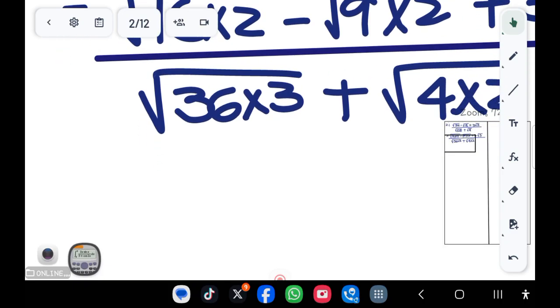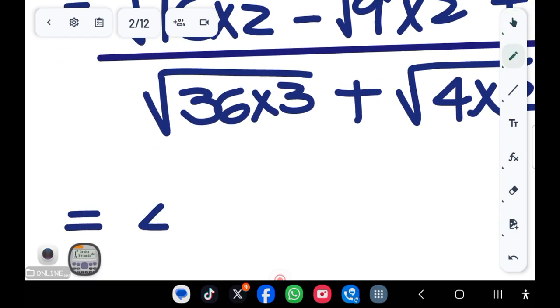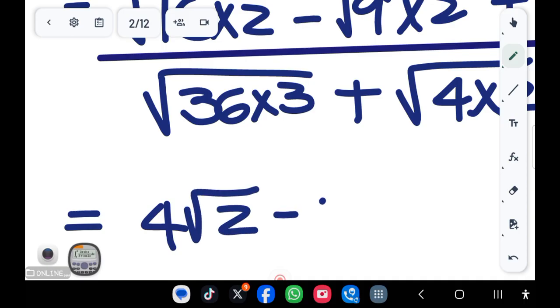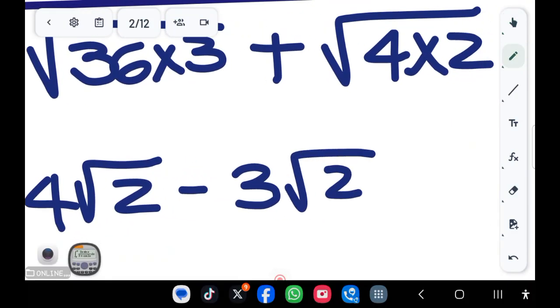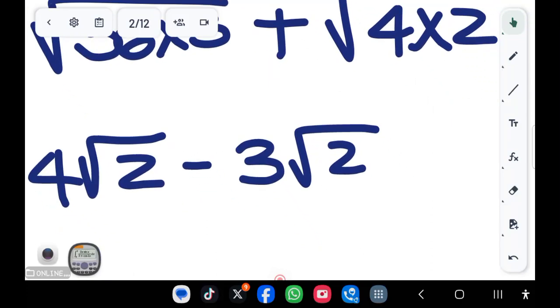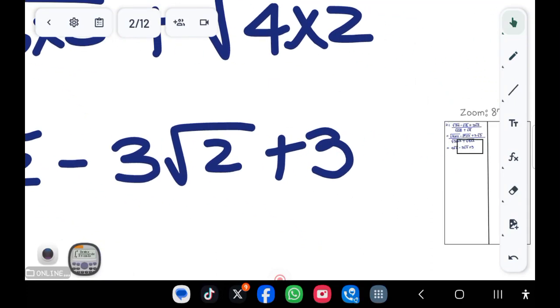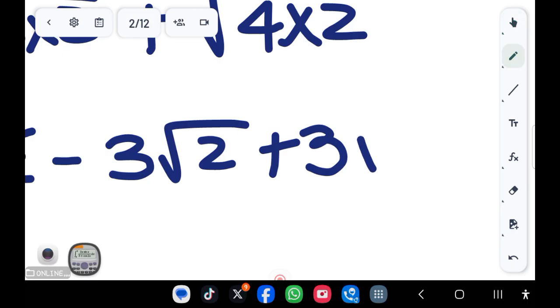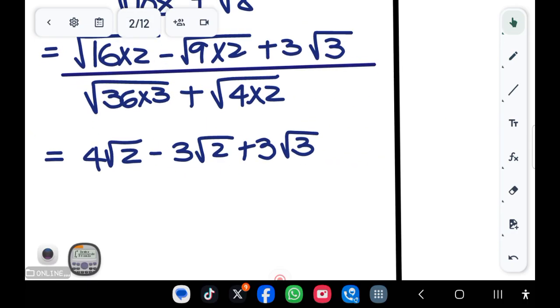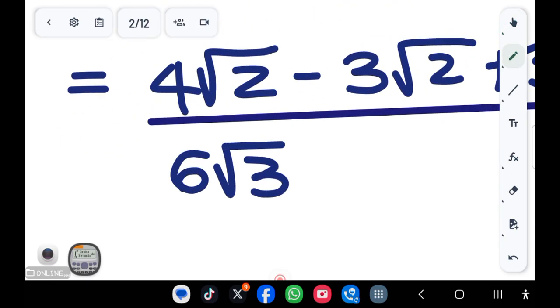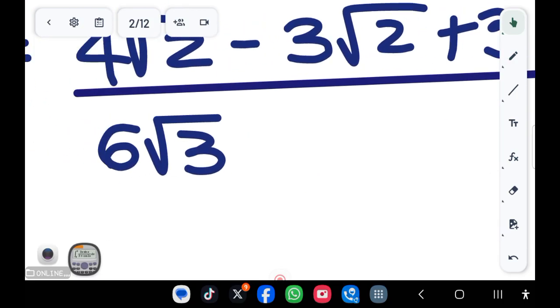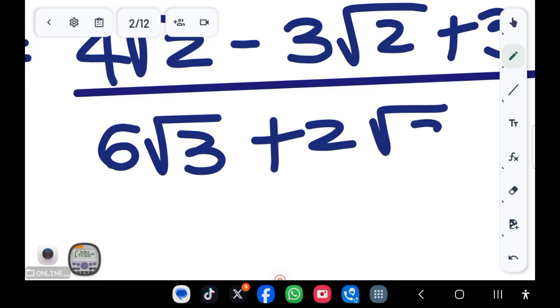The square root of 16 is 4, so that gives us 4 root 2, minus 3 root 2, that is the square root of 9, plus 3 root 3, all over the square root of 36 is 6, so that is 6 root 3, plus 2 root 2.